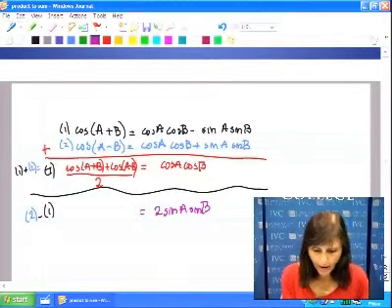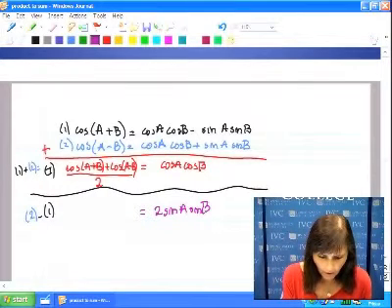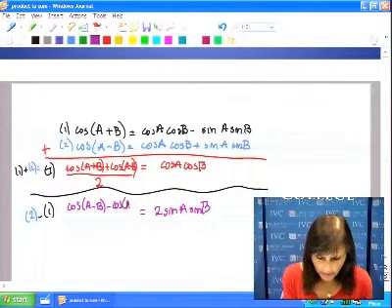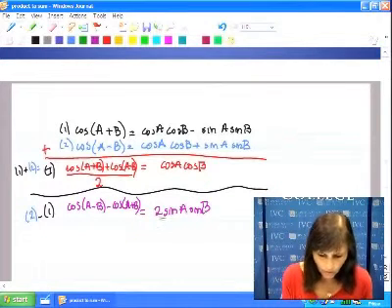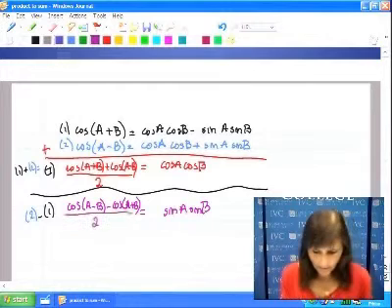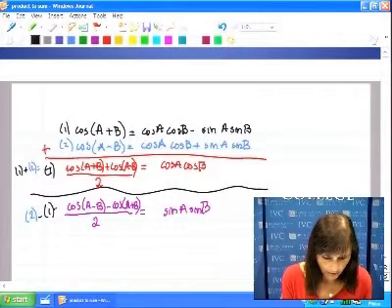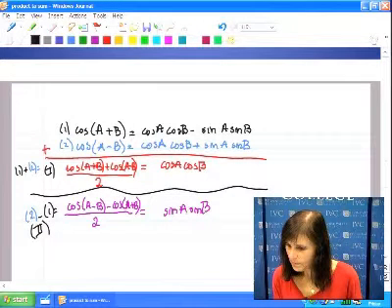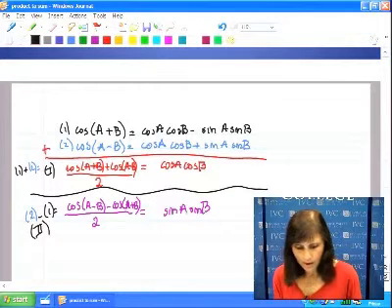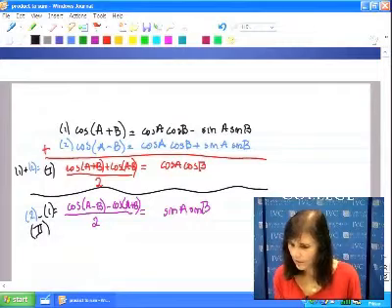On the left, you're going to have cosine A minus B minus cosine A plus B. And now move that 2 over. And that is your second formula.